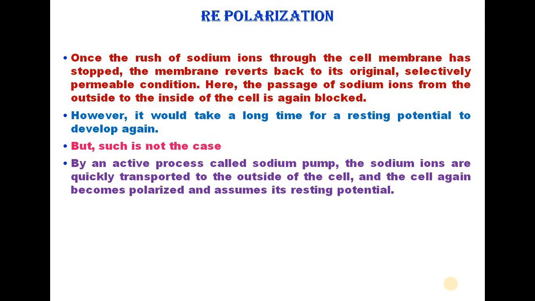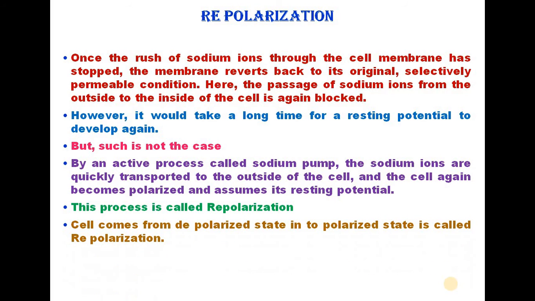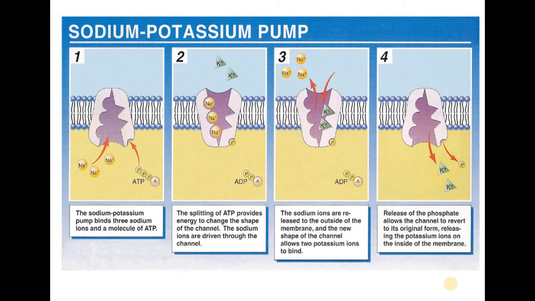By an active process called the sodium pump, the sodium ions are quickly transported to the outside of the cell and the cell again becomes polarized and assumes its resting potential. This process is called repolarization. When a cell comes from the depolarized state back into the polarized state, it is called repolarization.